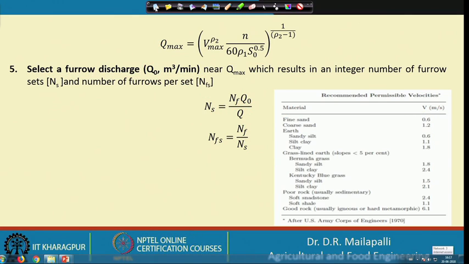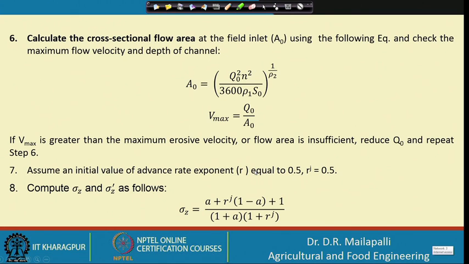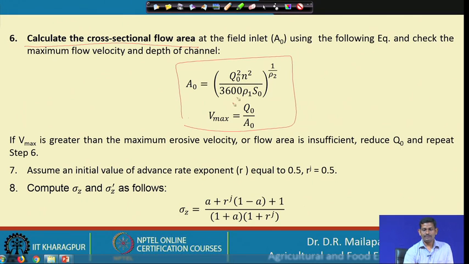Okay. So, then next is to calculate the cross-sectional area. This is the equation we already know. So, Q naught which is close to Q max, and knowing the furrow shape parameters and other values n and S naught, you can find out A naught, and V max is equal to Q naught by A naught.